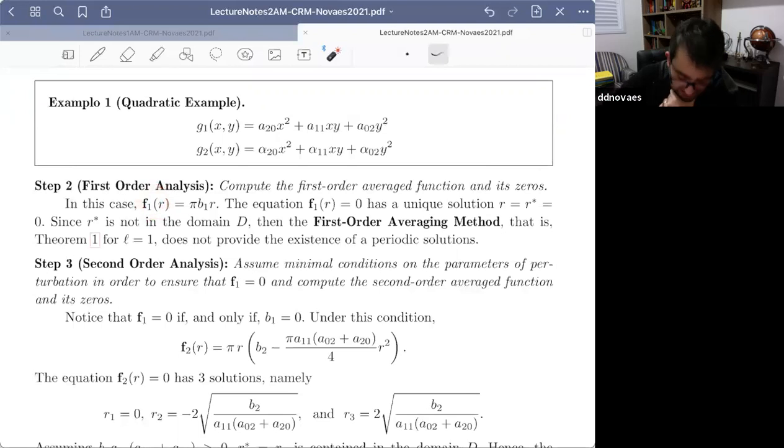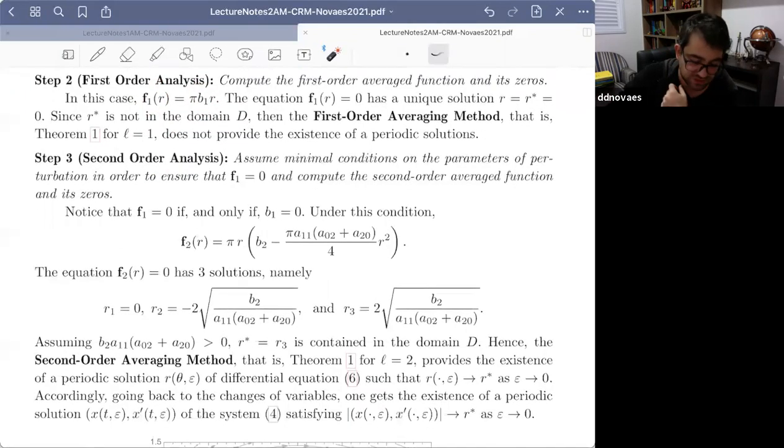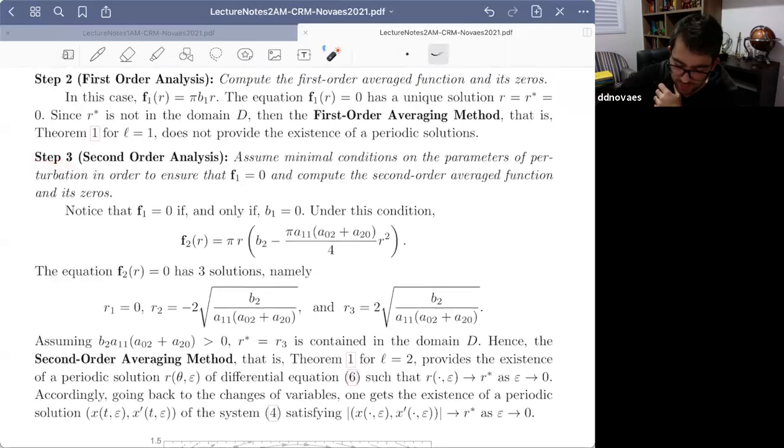In this case, what I have to do is to take B1 equals 0. So this is step 3: assume minimal conditions on the parameters of the perturbations in order to ensure that F1 is 0, and compute the second order average function and its zeros.